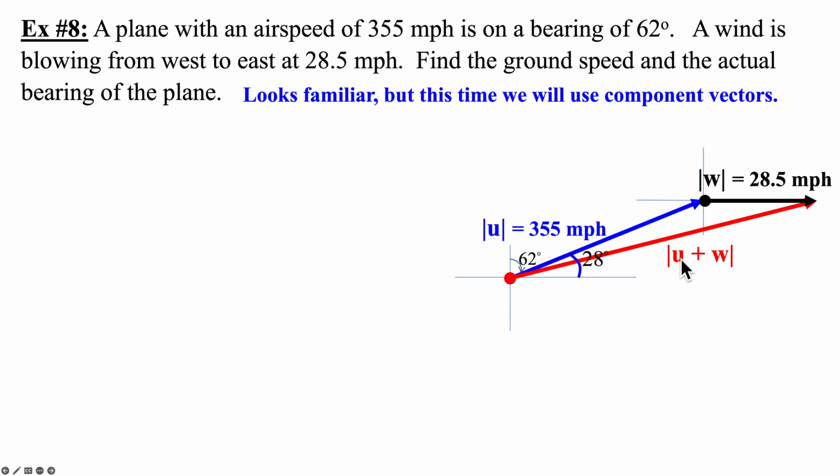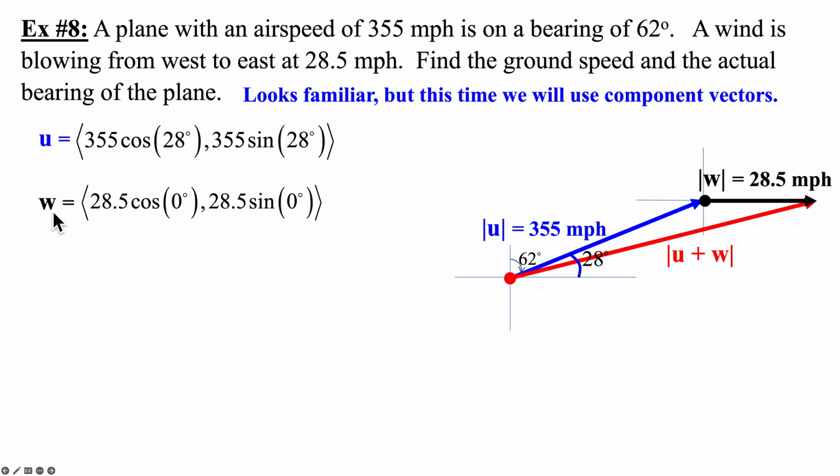Okay, so vector u plus w. First, find u in component form. Magnitude 355 times the cosine of 28 degrees, not the bearing, the directional angle from the x-axis or the east line. And my vertical component, 355 times the sine of 28 degrees.